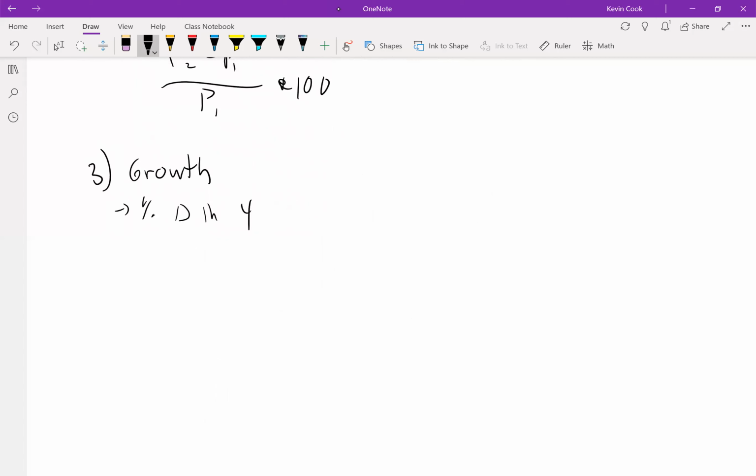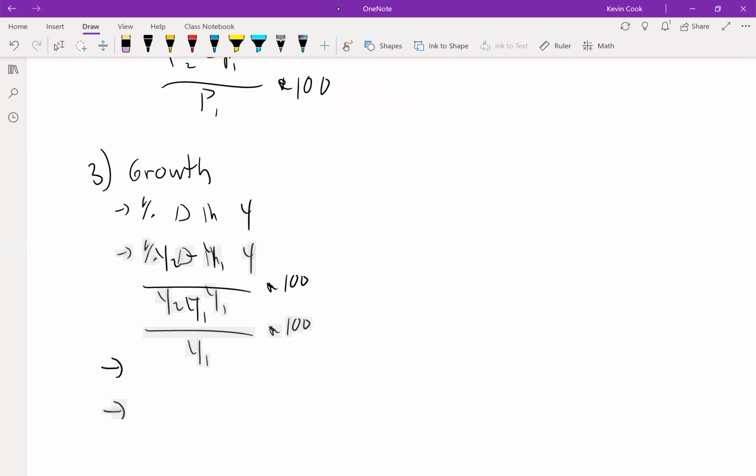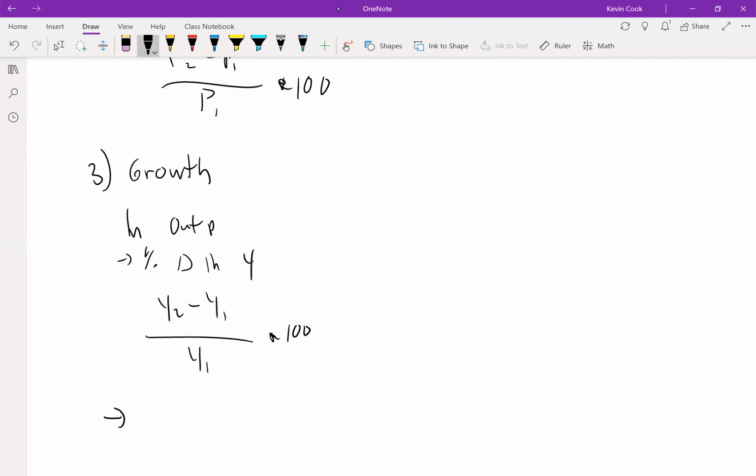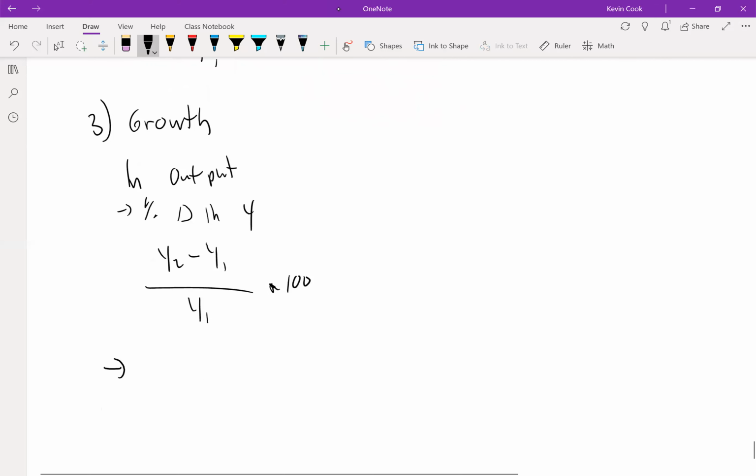We can see it with a percent change in output, which tells us how much our economy grew. But the other way we can look at this is a growth in productivity. So we can see a growth in output, and we can also see growth in productivity.